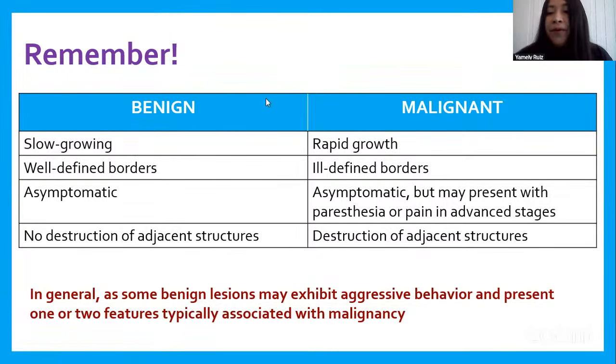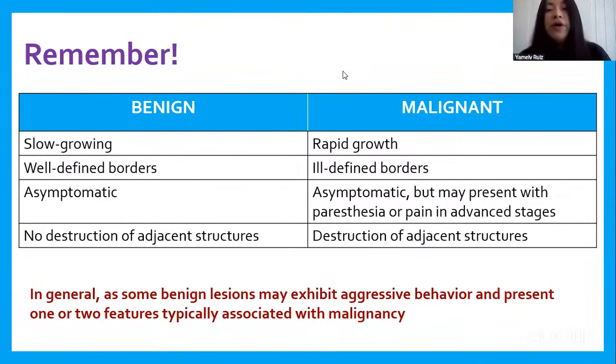The third important point is the symptomatology. Most of the time, at the beginning, benign and malignant lesions are asymptomatic. However, malignant lesions with the passage of time may present some symptoms like paresthesia or pain in an advanced stage. And the other point is that benign lesions, most of the time, have no destruction of the adjacent structures.